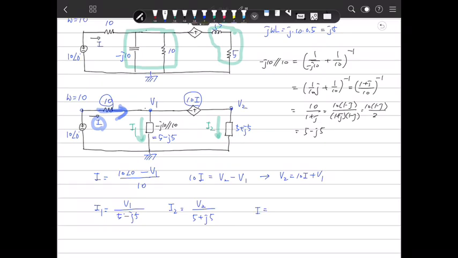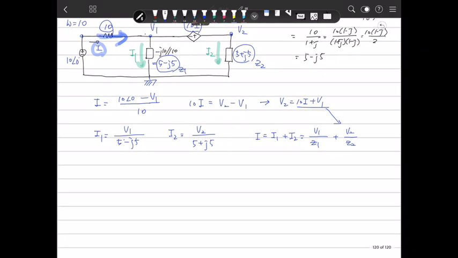I is, define this as Z1, and define this as Z2. Then I is I1 plus I2, I1 is V1 divided by Z1 plus I2 is V2 divided by Z2. Then V2 is here. Therefore, I is 1 over Z1 V1 plus 1 over Z2 times V1 plus 10I.